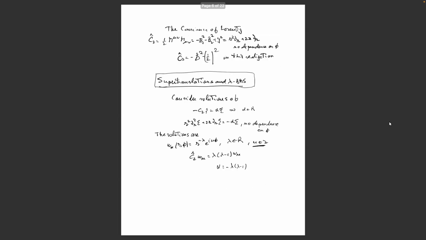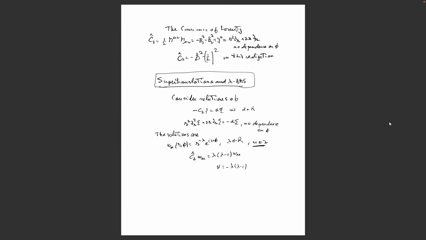At this point, maybe it's not clear to you, but what we ask ourselves is: this is a differential operator, C2, we have constructed up here. And we ask, what are the eigenfunctions of this differential equation, with some value alpha that belongs to the reals?